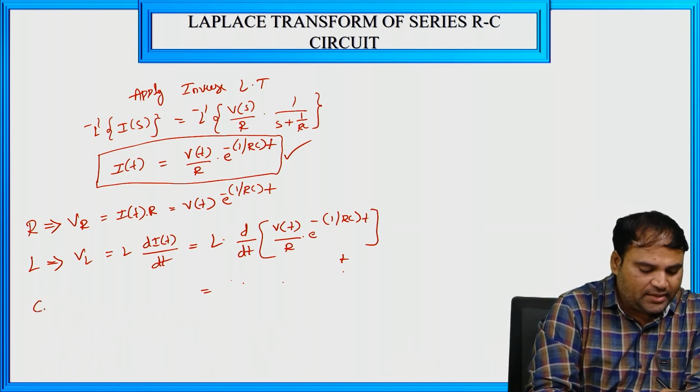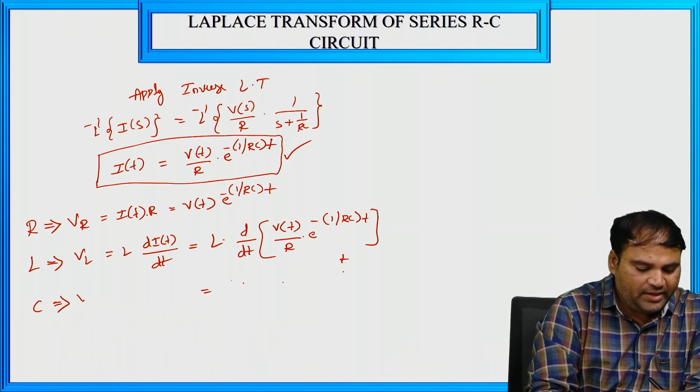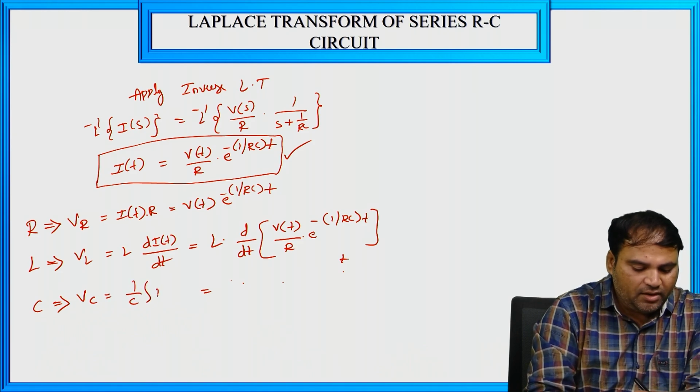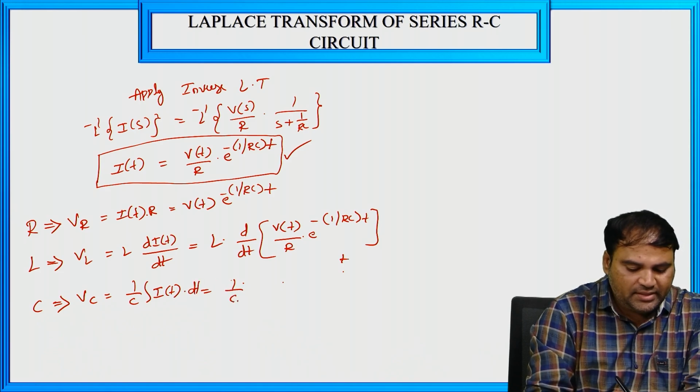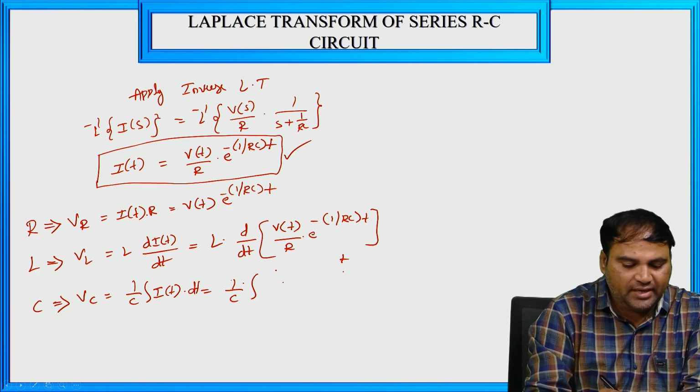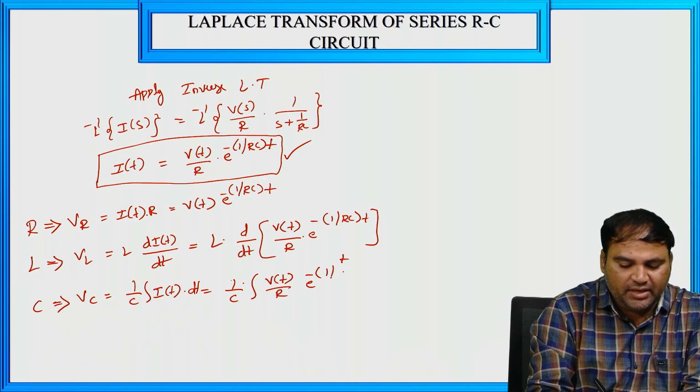For the capacitor, VC equals 1 by C integral of I of t dt. What is I of t? V of t divided by R into e to the power of minus 1 divided by RC into t.